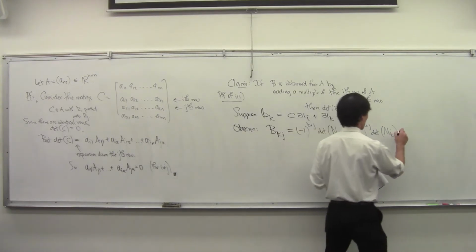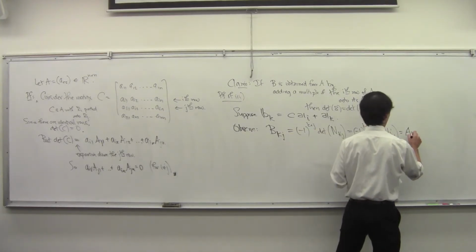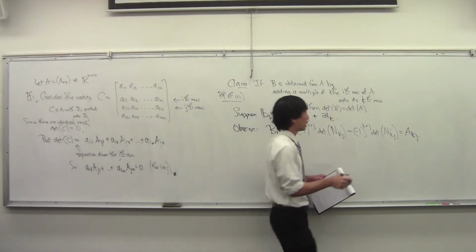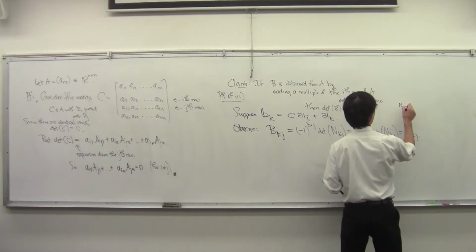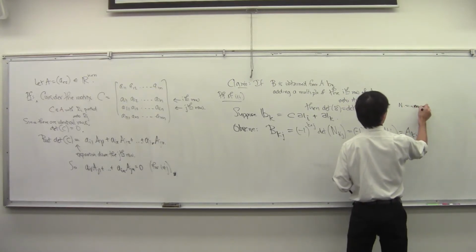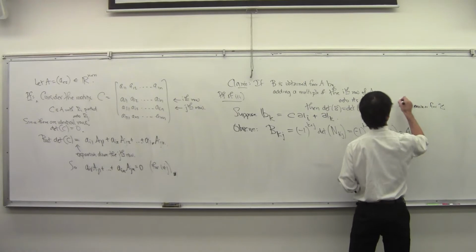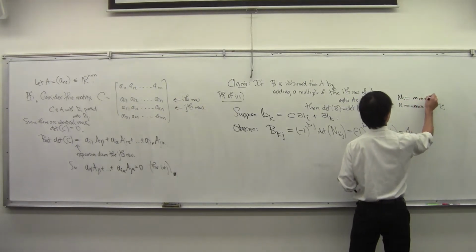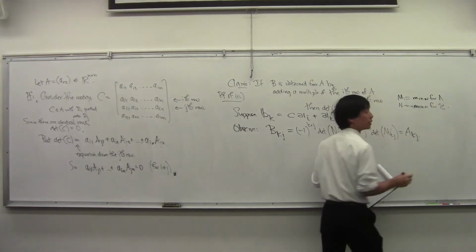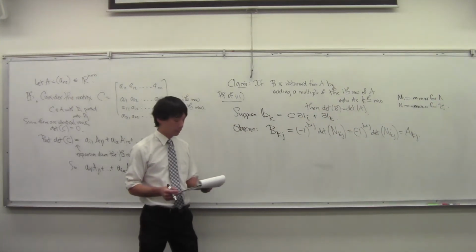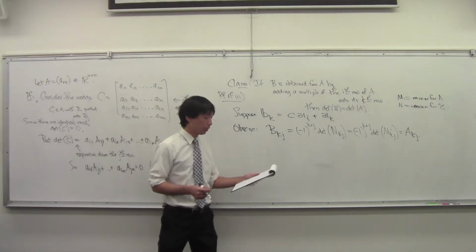So this is the same as the cofactor for A, where n is the minor for B, and m is the minor for A.